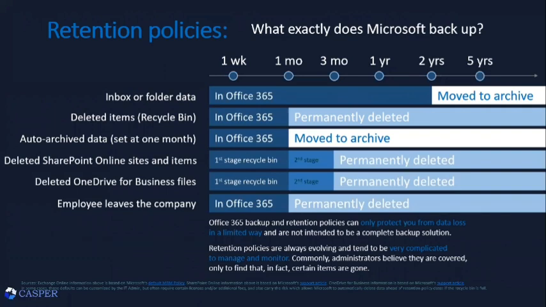So the next thing is retention policies for Office 365. This is a summary of what the default retention policies are. By default, for your email inbox or folder data, you should expect that it should stay for about 2 years before it is moved to the archive in Office 365.